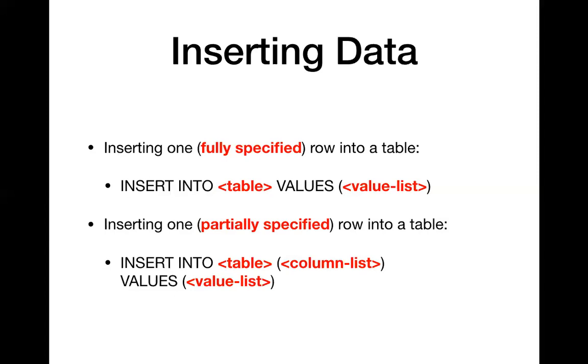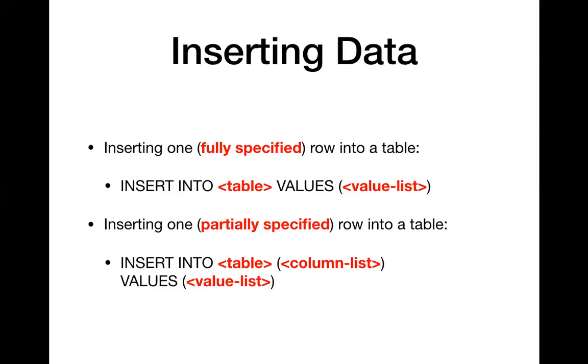So here we first of all see a command for inserting a fully specified row, which means that you are specifying values for each of the columns, but you do not have to do that. SQL has a way of representing fields where you don't actually know the value currently. It is called an SQL null value.